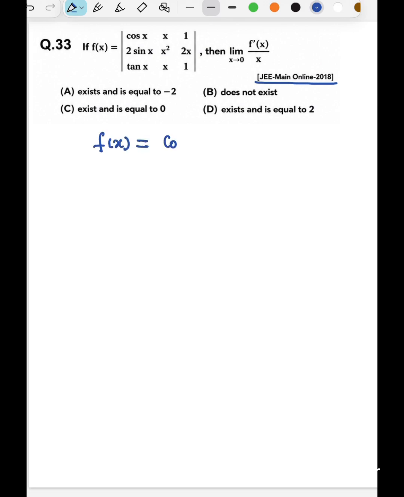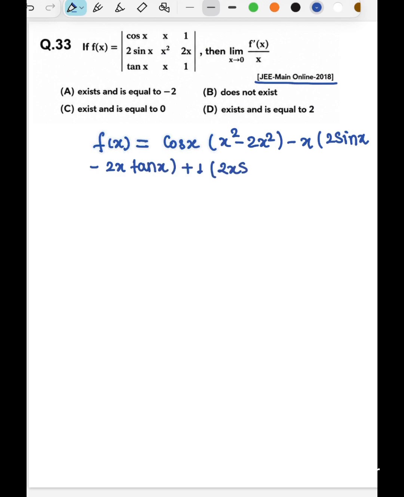Delete the first row and first column, you are left with a 2 cross 2 determinant, and this will be x square minus 2x square minus x, 2 sin x minus 2x tan x, right, plus 1 times 2x sin x minus x square tan x, okay. Just simplify this statement.